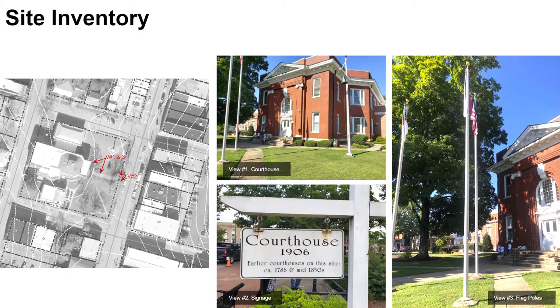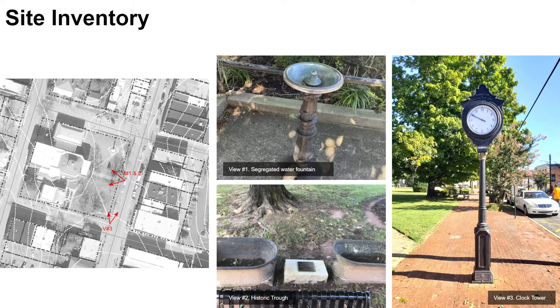Then we dive deeper into a more micro analysis of the site, looking at the archetype of the church, the different elements like the flagpoles that folks wanted to keep. We also looked at some of these old vestiges of segregation that still exist, the segregated water fountains, the historic troughs, and also the clock tower.